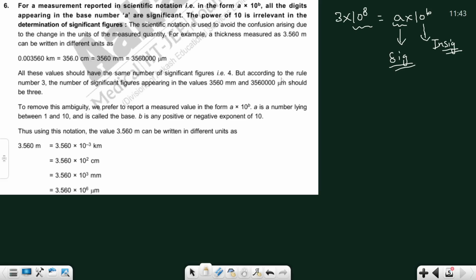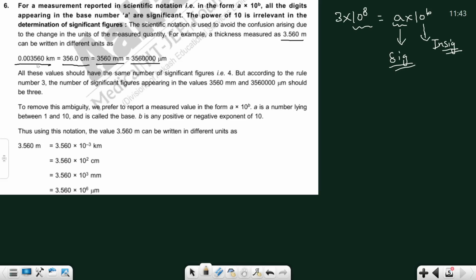If you are taking a length of 3.560 meter, you can write 0.003560 kilometer, or 356.0 centimeter, or 3560 mm, or 356.0000 micrometer.